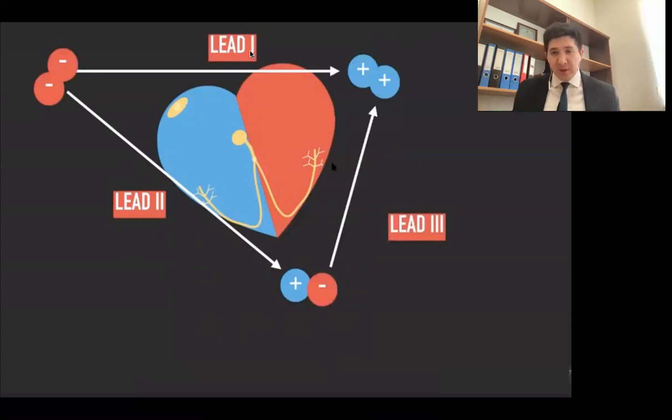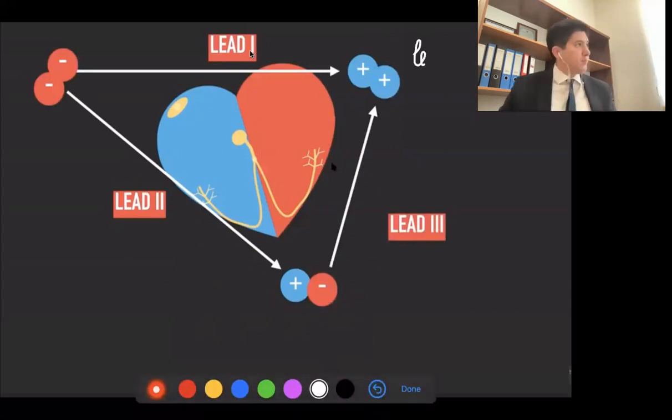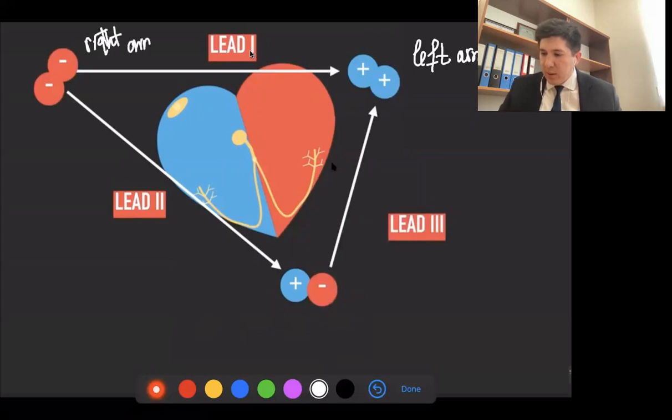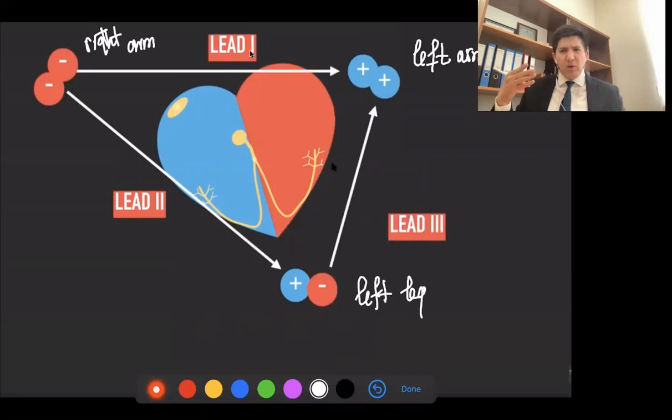We are going to have the 3 leads put to the left arm, to the right arm, and to the left leg. And so if you go to the ECG, you're going to have the three lines of the readings. These are the lines of the readings taken from each of the leads.